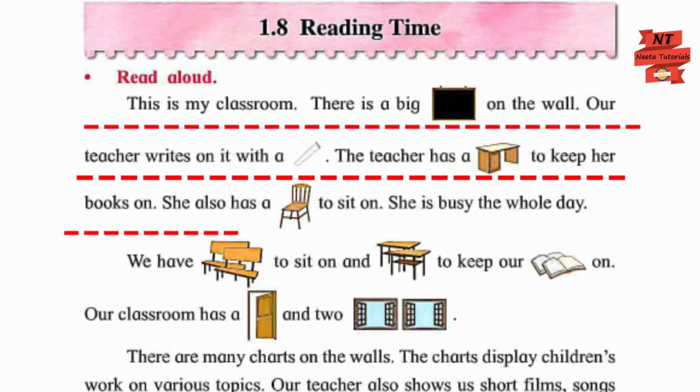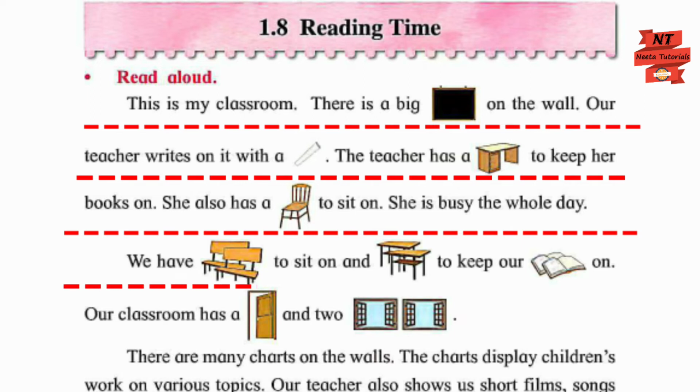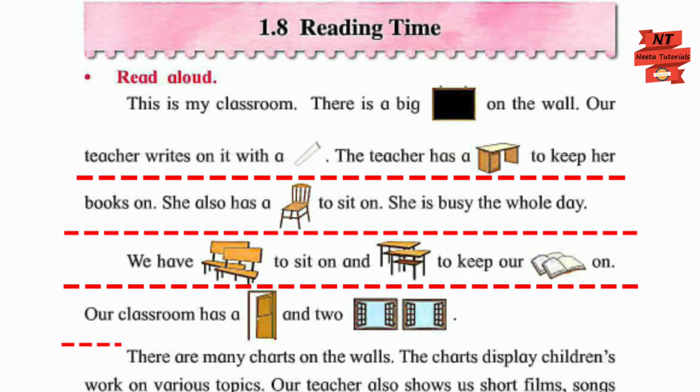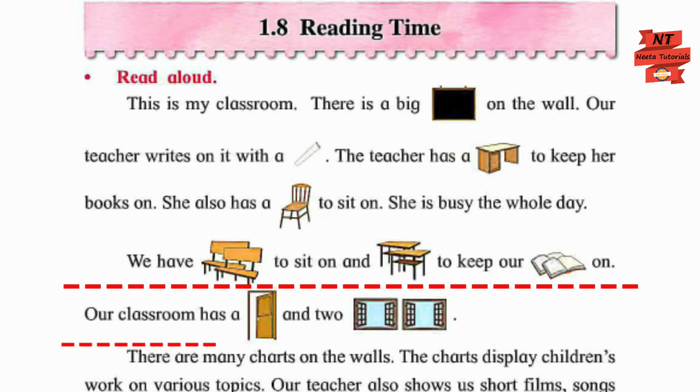She also has a chair to sit on. She is busy the whole day. We have benches to sit on and desks to keep our books on. Our classroom has a door and two windows.